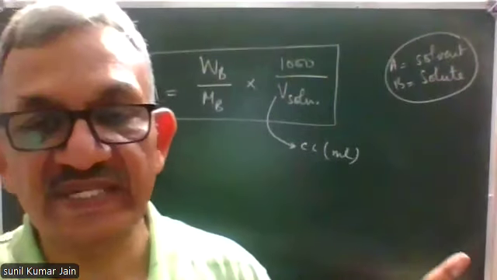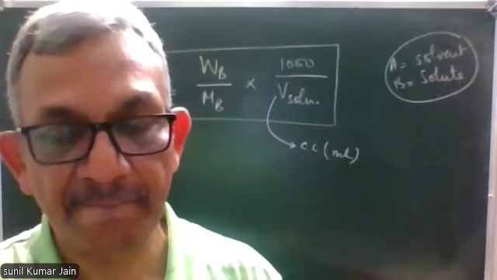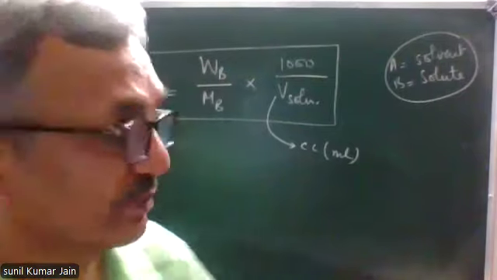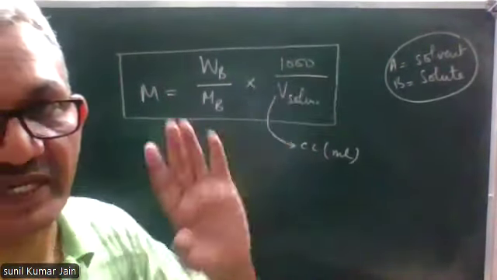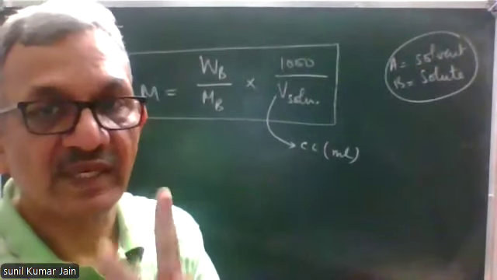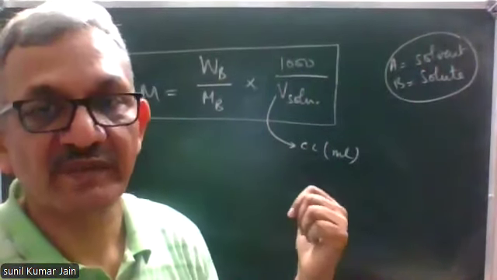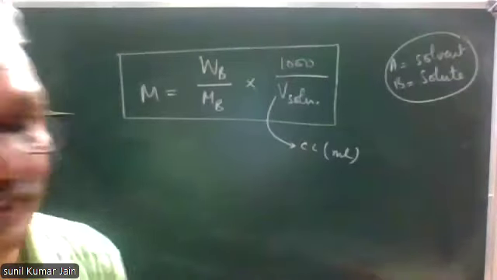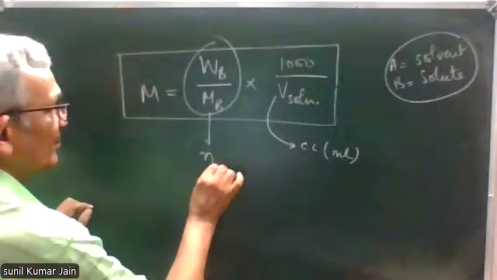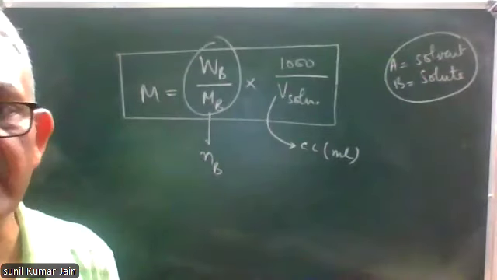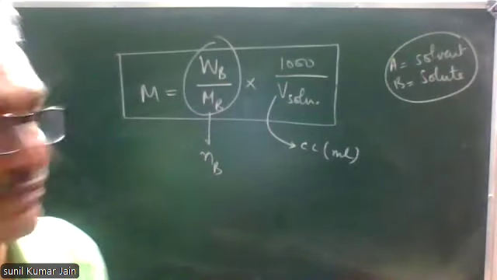This volume of solution is taken in milliliters. If you take volume of solution in liters, then numerator will be 1. It's better you remember one formula rather than more than one formula for the same concentration term. This is nothing but NB, number of moles of solute.